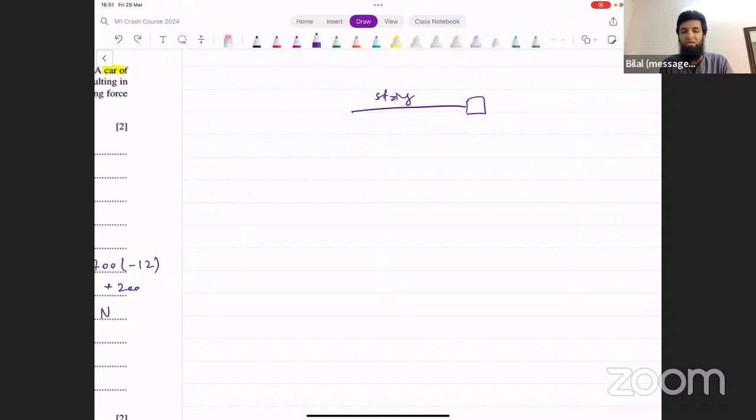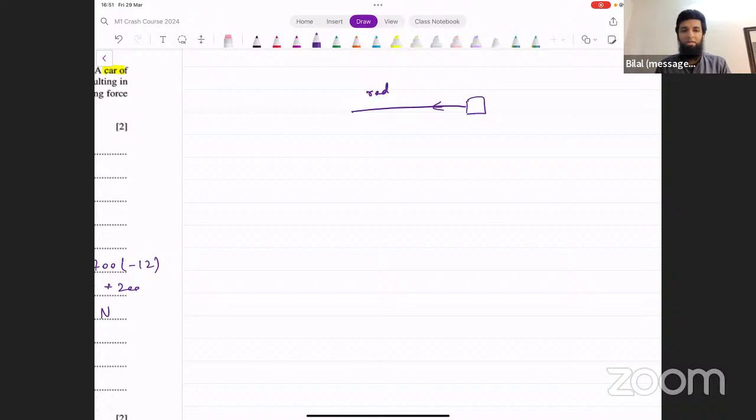String is not rigid. It can't push the object towards the right side. String can only pull things. So because of that, we always take tension direction to be like this. But if you have something rigid, if you have a tow bar in this case, or a rod, for instance, if a rod was tied to an object, a rod can both pull the object and push the object.